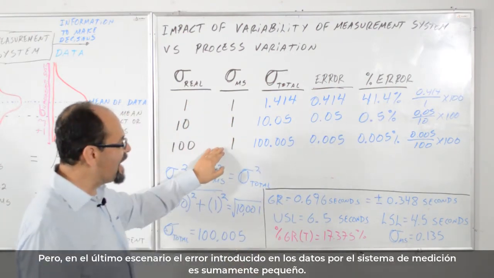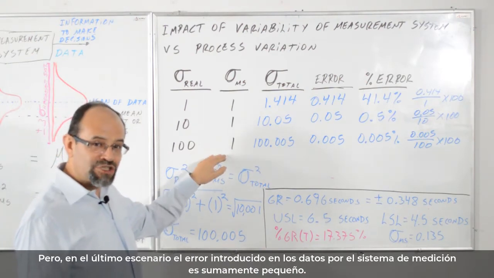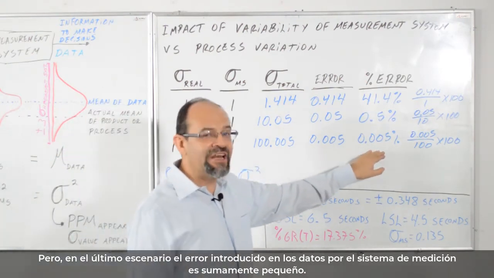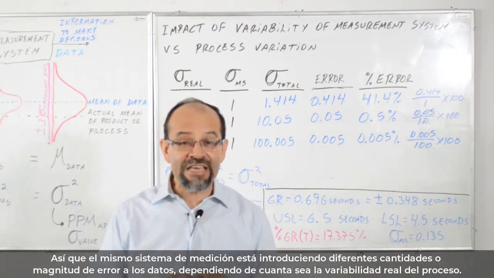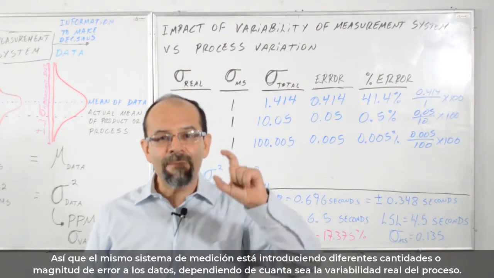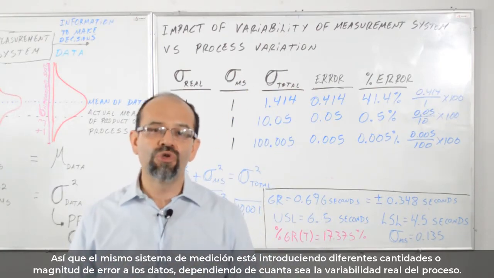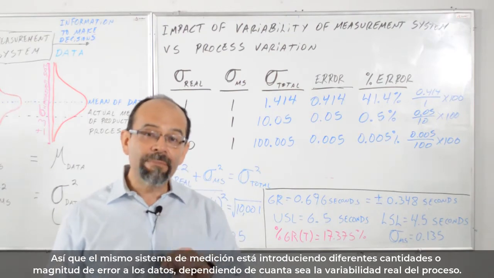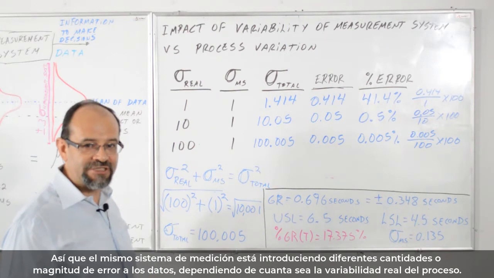But in the last case, the error introduced to the data by the measurement system is really, really small. So the same measurement system is introducing different magnitudes of error to the data, depending on how much is the variability of the actual process.